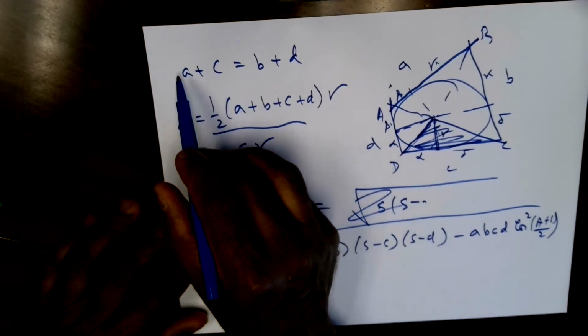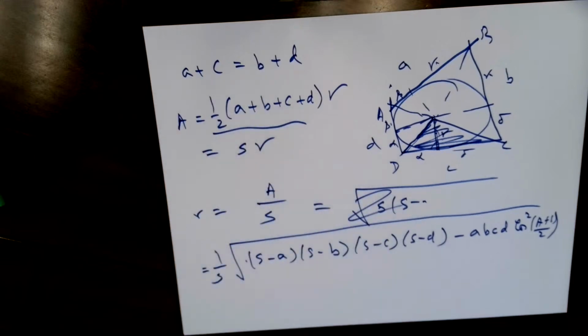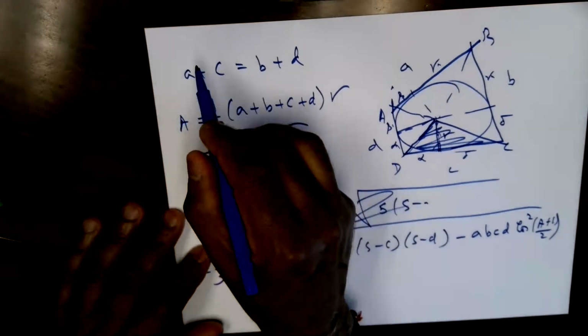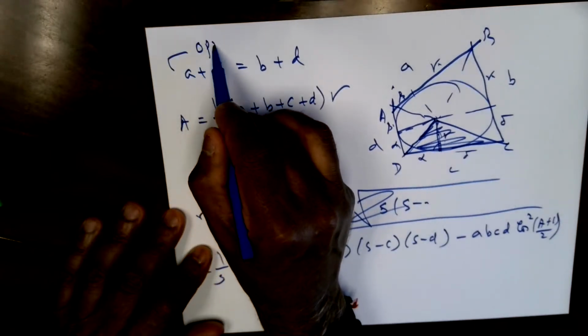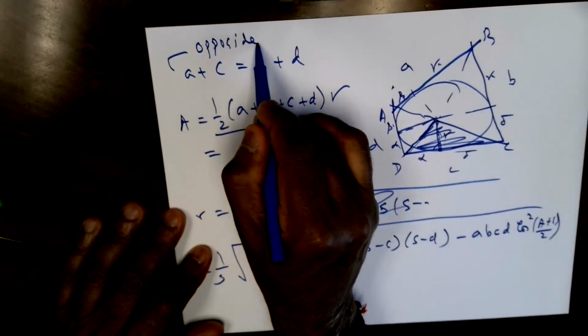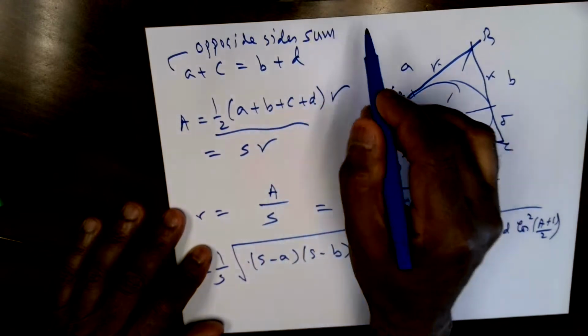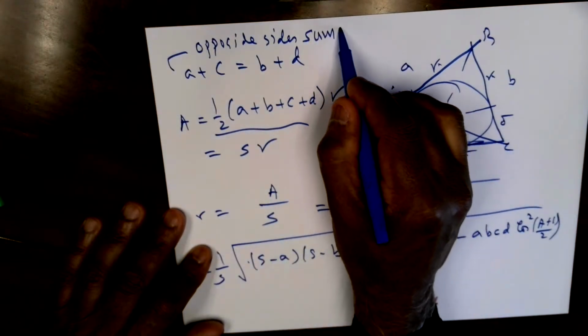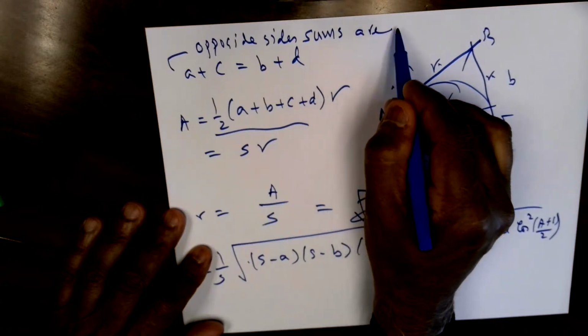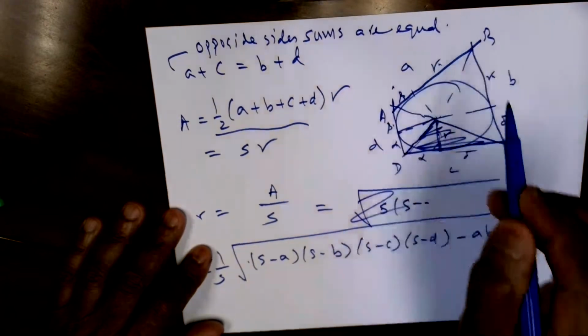The necessary and sufficient condition for an incircle is that the opposite sides add up equal.